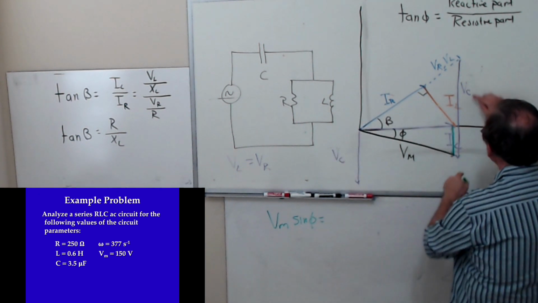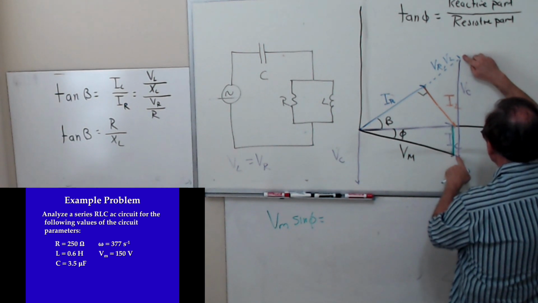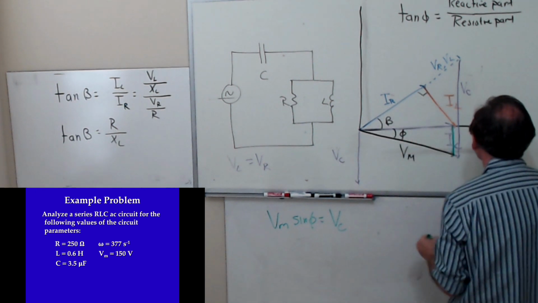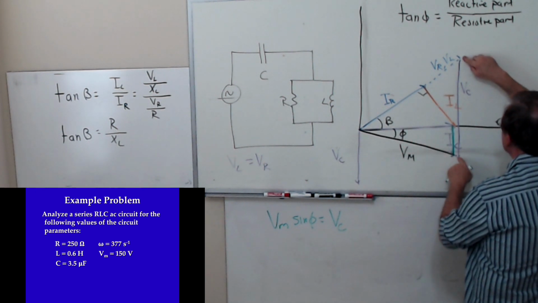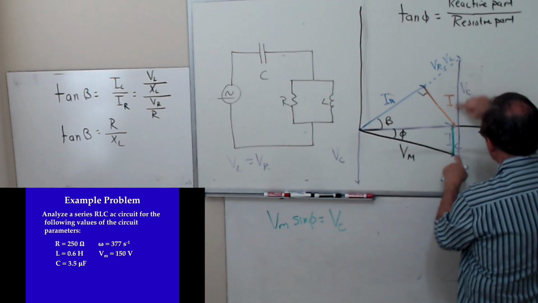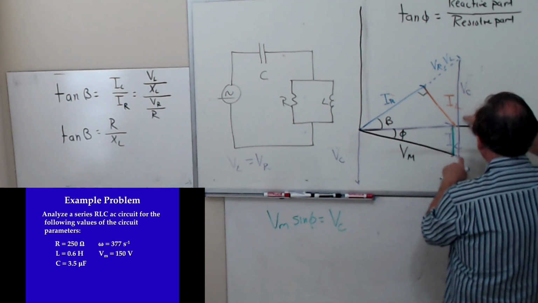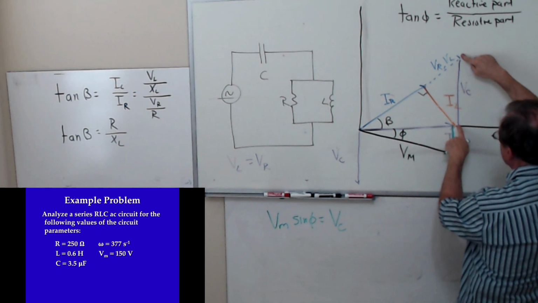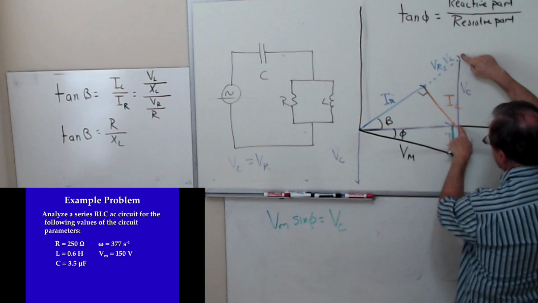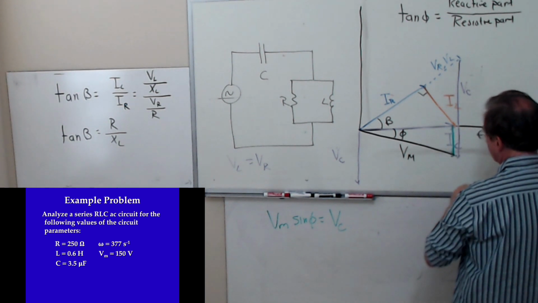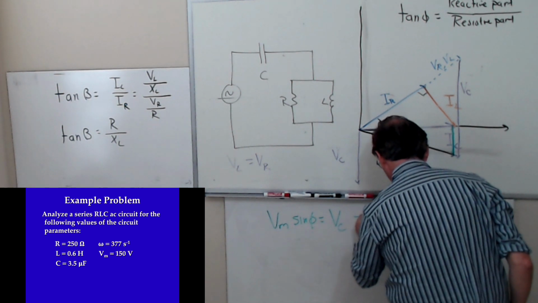So v sub m sine of phi is going to be this guy minus this guy, which is v sub r cosine or sine of beta, right?